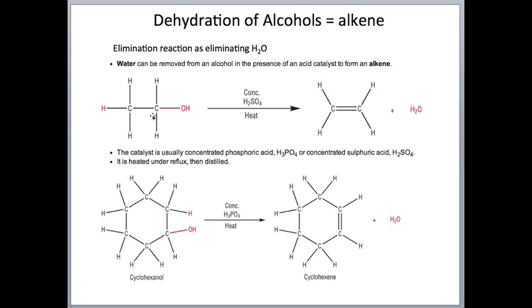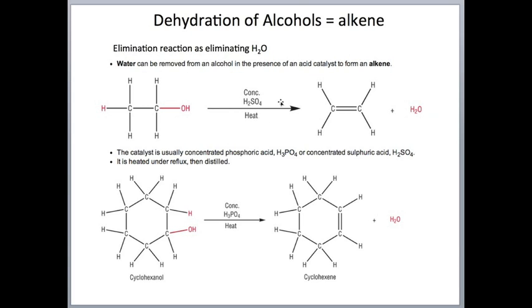For example, we have ethanol here, and if we heat it with concentrated H2SO4, the product will be ethene with water. We've highlighted in red the OH group and the hydrogen, and these will form the water. As a result, the carbon-carbon double bond will form.